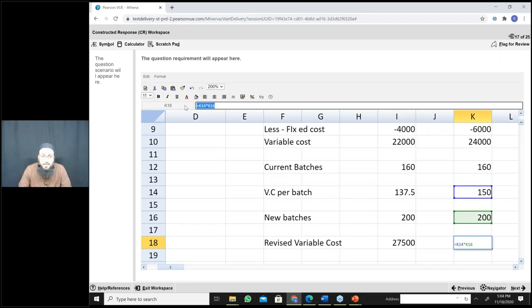Because the variable cost here was not dependent upon the number of units, rather it was dependent on number of batches, so a change in the batch size resulted in change in number of batches. Okay, a common sense thing, right? And if that will change, obviously the variable cost will change as well. So yeah, there is a change in the variable cost that I've done.